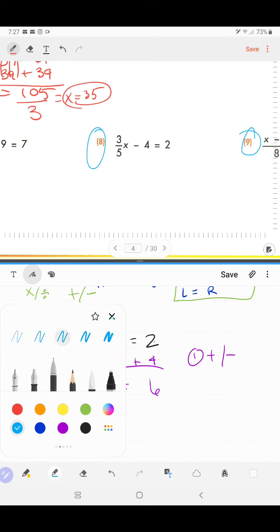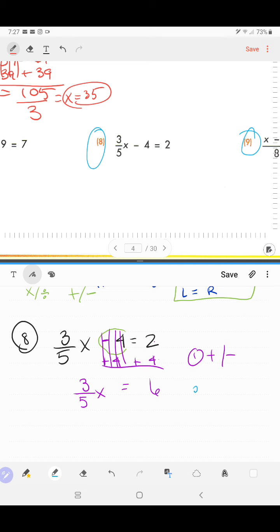Now, the second step would usually be to multiply or divide. So far we've been dividing because we've only had numbers next to a letter like that. Now we have a number next to a letter and a number on the bottom.